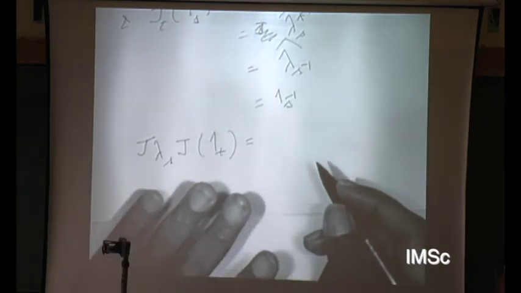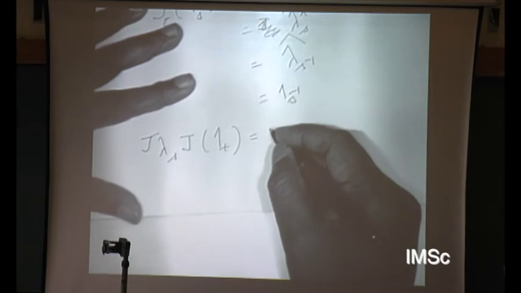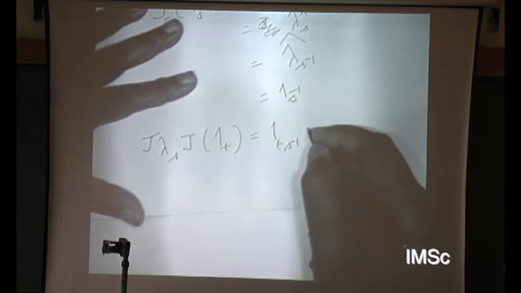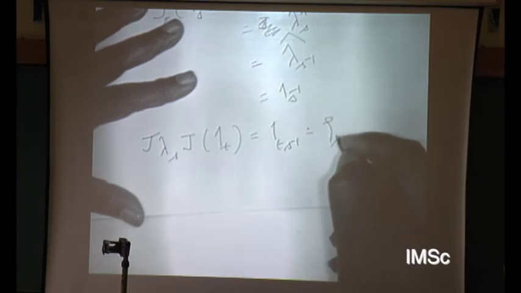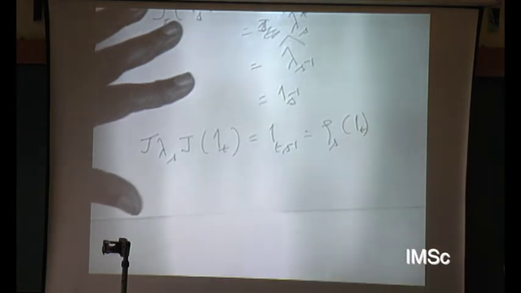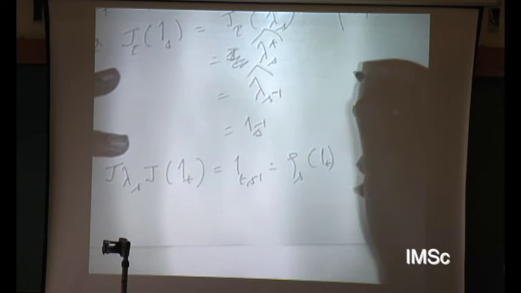And then you will have the inverse of that. So 1 t s inverse, which is rho s of 1t. Right? So M dash is R, so M dash is rho m double prime.